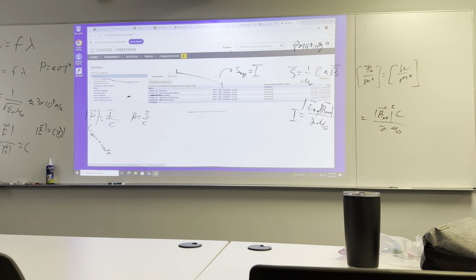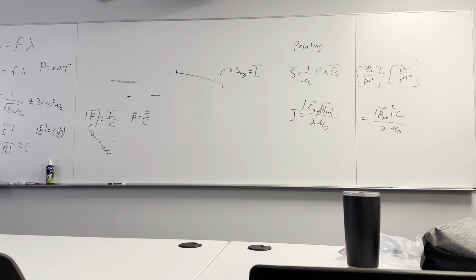I'm trying to figure out how to do it without showing everybody their grades. I don't want to show everybody your grades, so I have to go to squad view to do this. So which one, Matthew? 22. Magnetic fields. 22.